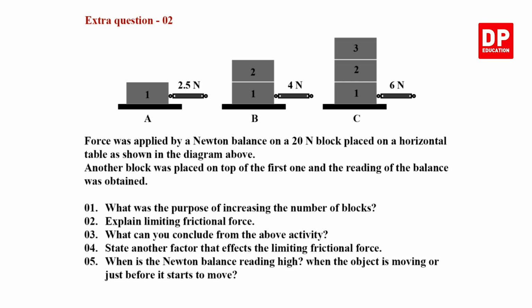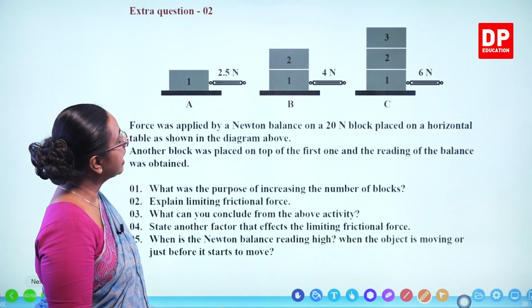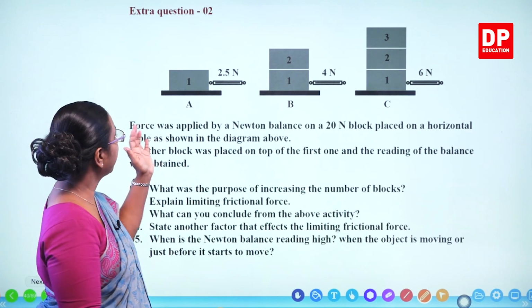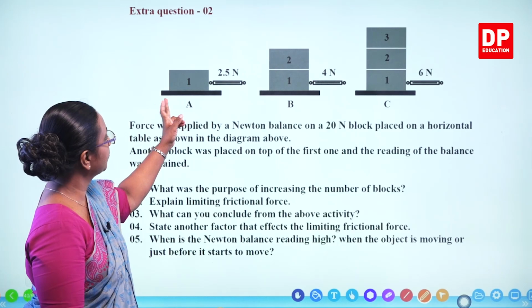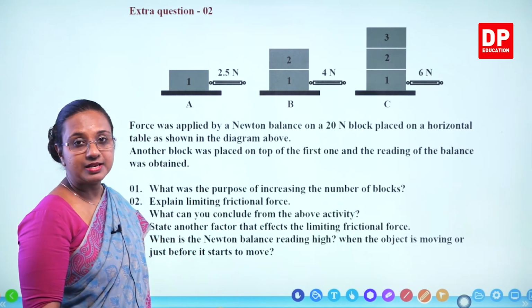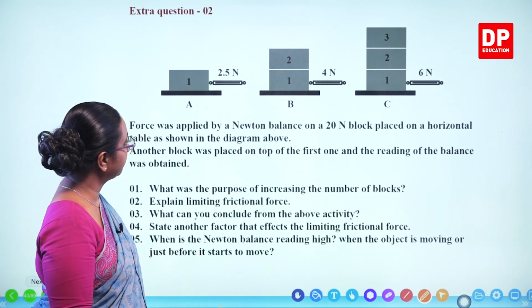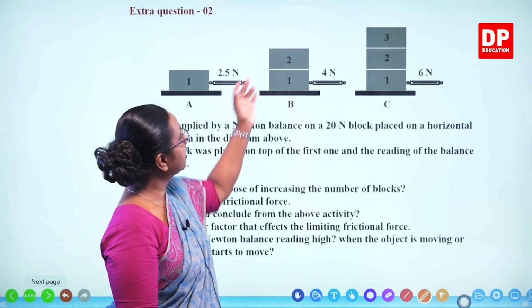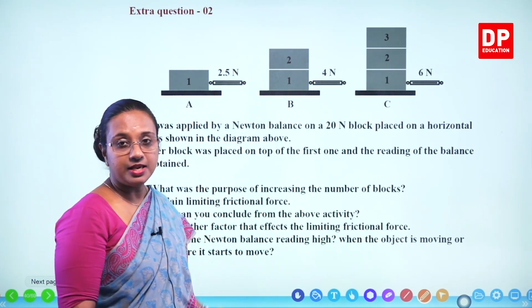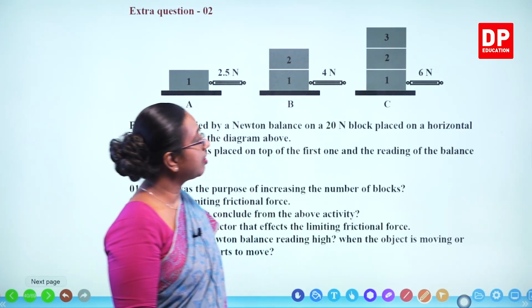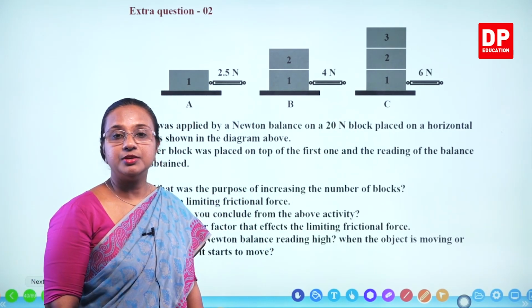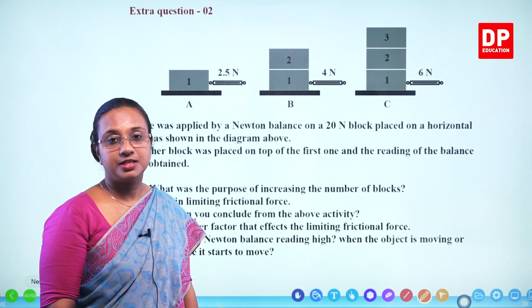Extra question 2. So here a diagram is given to you. You can see in A, B and C instances there is one block and the Newton balance reading is given as 2.5 Newton. In B there are two blocks, reading is 4 Newton, and in C there are 3 blocks and the reading of the Newton balance is 6 Newton.